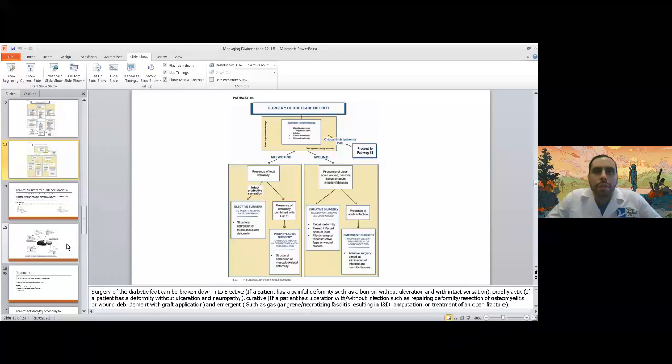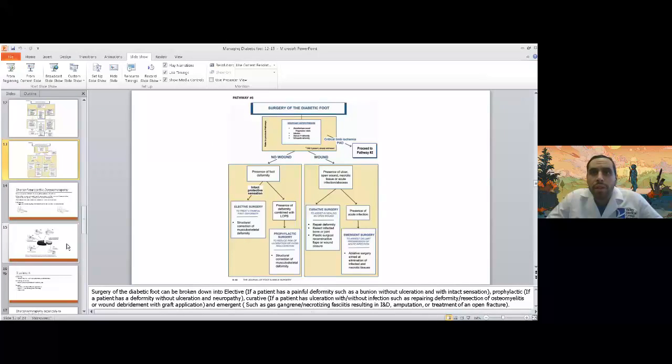Prophylactic surgery is for a patient that has a deformity without ulceration but has neuropathy, which is lack of sensation. Curative surgery is for a patient that has an ulcer with or without an infection, such as repairing a deformity, resecting osteomyelitis, which is a bone infection, or even doing a wound debridement with a graft application.